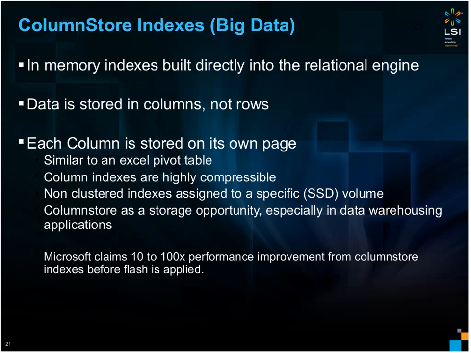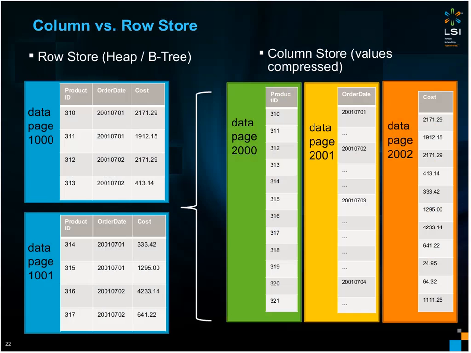If we were to look at this graphically, column store versus row store: in a row store heap or B-tree, entire data pages are transferred from spinning media into memory and used for updating lots of rows and records, lots of rows and columns, lots of data.